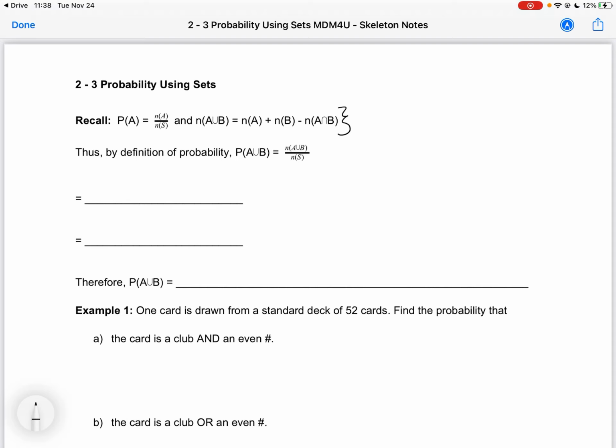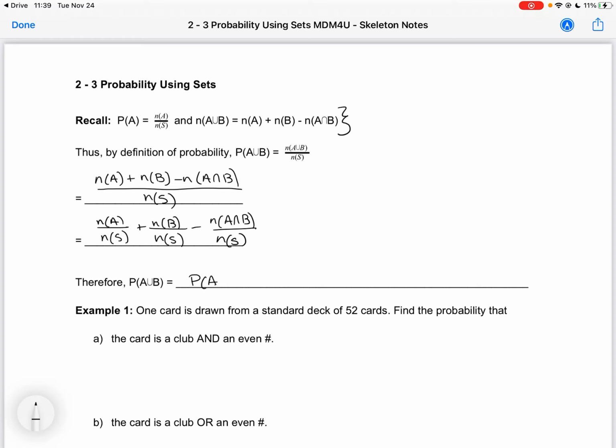So we can extrapolate this by saying it's the number in set A plus the number in set B minus the number of elements in the intersection over N(S). And then we can divide this into individual fractions using our algebra knowledge, which we can extend to this probability statement here.